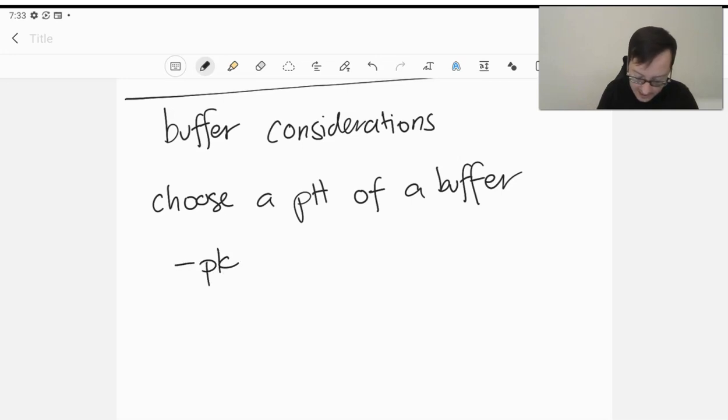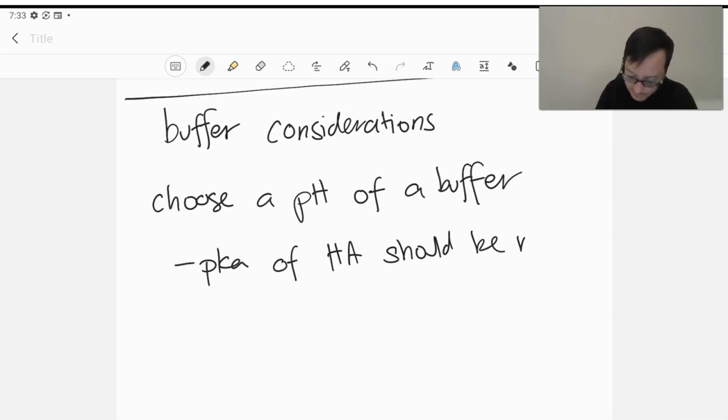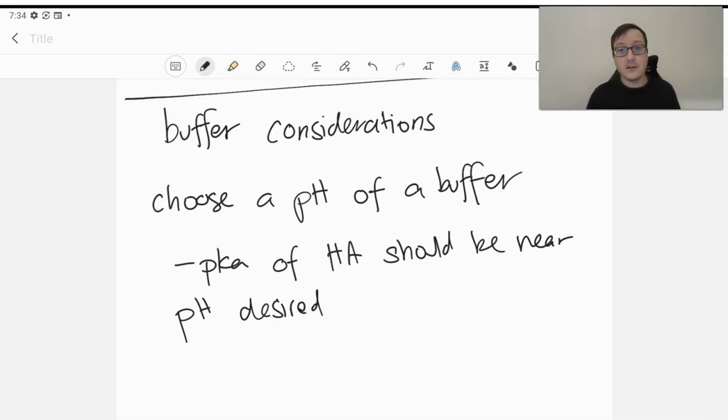So the pKa of our weak acid should be near the pH desired. So if you wanted a particularly basic pH, you'll want to use a very weak acid, like something like ammonium and ammonia as your conjugate pair. Something where Kb is bigger than Ka, right?